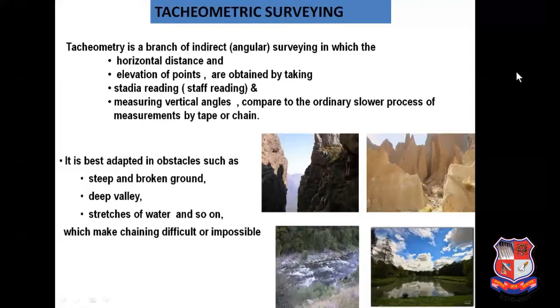You see in the figure, various field conditions are shown in which it is very difficult, or we can say it is nearly impossible to measure the horizontal distance between the 2 points which are located on the either side of the broken ground, deep valley and water stretch.